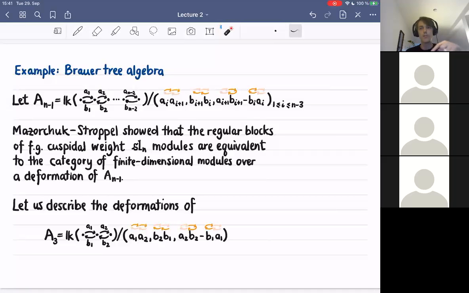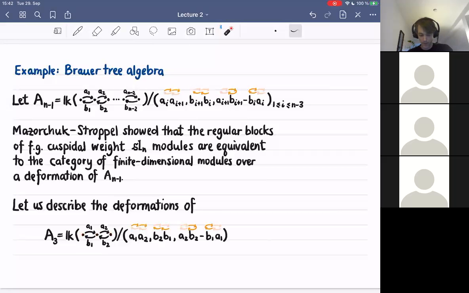And if you do a loop on the right, then this is the same as doing a loop on the left. Let me describe the deformations in the small dimensional case. I just take 3 vertices and the 4 arrows that you can see.